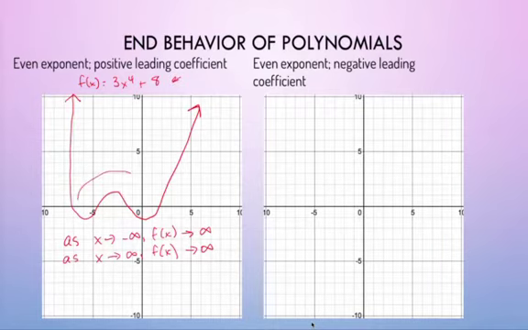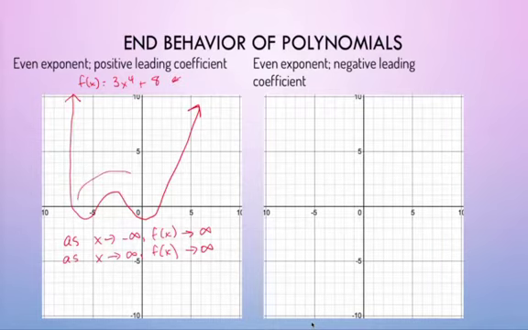An odd exponent, if the leading coefficient is positive, is going to have end behavior that goes in opposite directions. So if the leading coefficient is positive, as x approaches negative infinity, f of x approaches negative infinity, and as x approaches positive infinity, f of x approaches positive infinity.